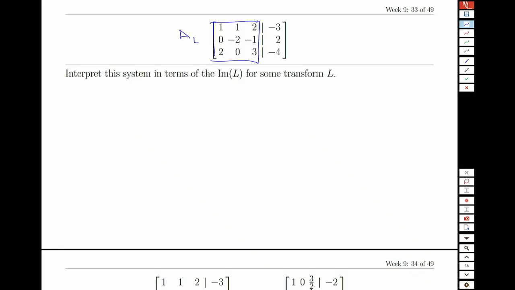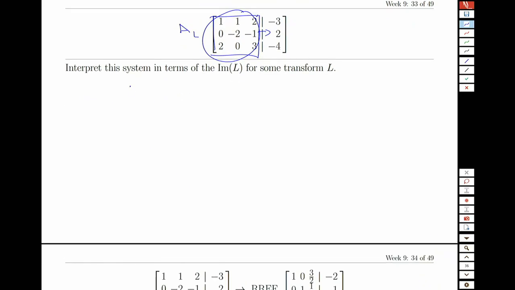And, well, wait a minute. If that's my transform, and I'm trying to get it to map to here, another way to do this is to ask, is the vector negative 3, 2, negative 4 in the image of L, or we might also say, in the image of the matrix.